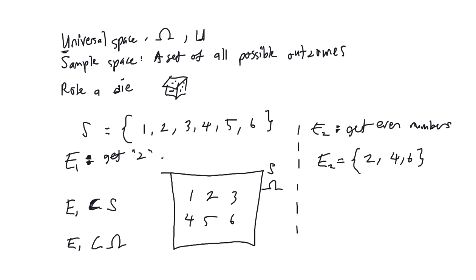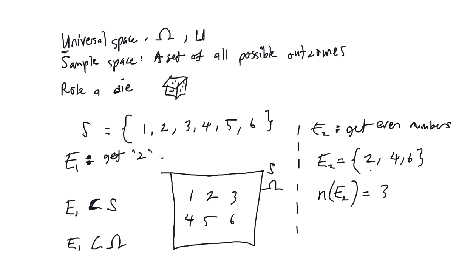Another expression is you can ask how many outcomes for event number 2. So the expression is n(E2), the number of outcomes in event number 2. That is 1, 2, 3.